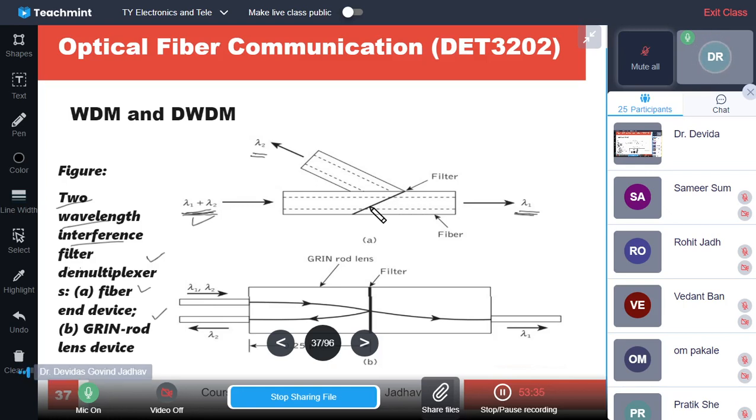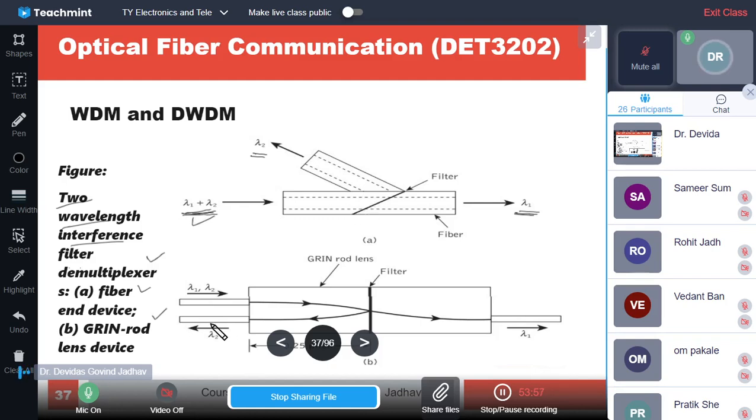The slanting angle of the filter is made such that if it is 45, it can reflect into the 45 direction. Okay. So this is the demultiplexer. Two wavelengths mixed together, separated, demultiplexed.